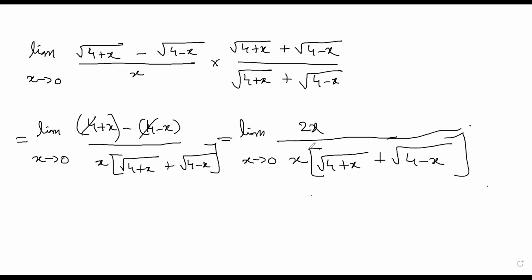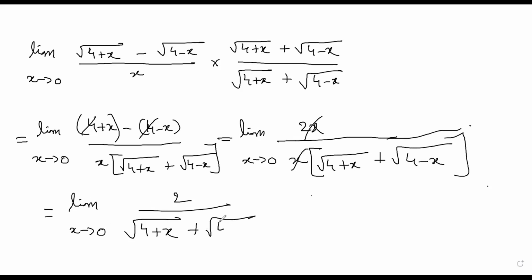Now the x is cancelled. So we are left with limit as x tends to 0 of 2 divided by root of 4 plus x plus root of 4 minus x. When you put x equal to 0, you get 2 divided by root 4 plus root 4.